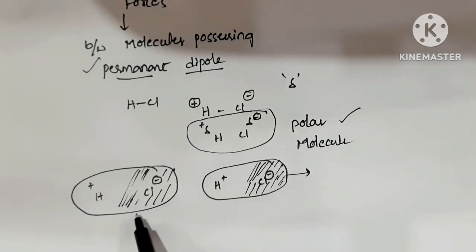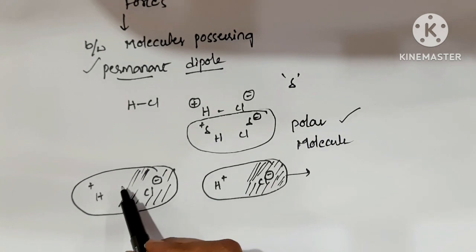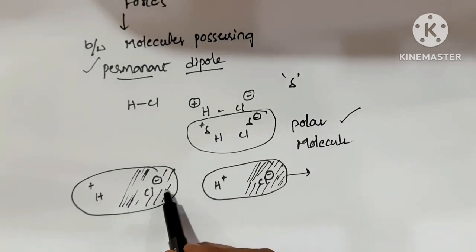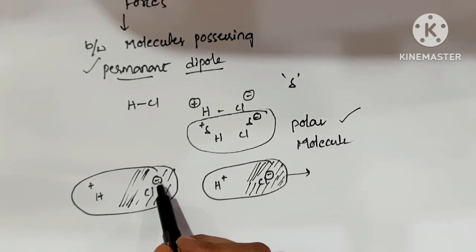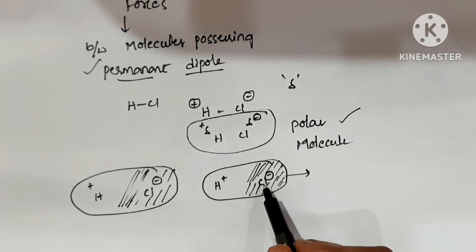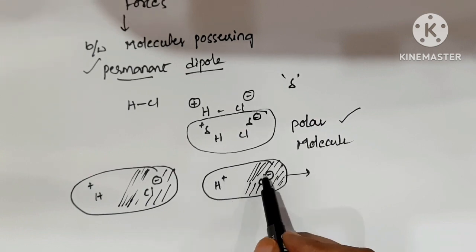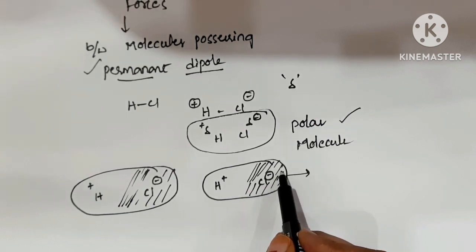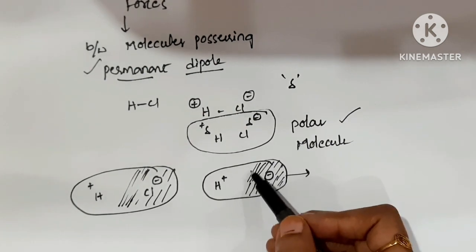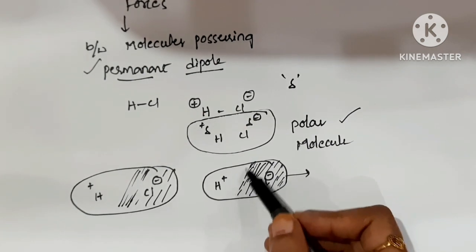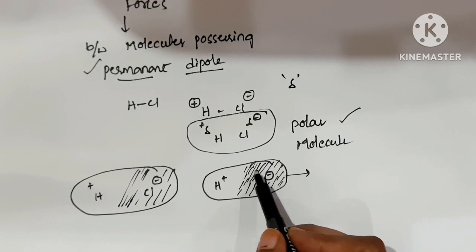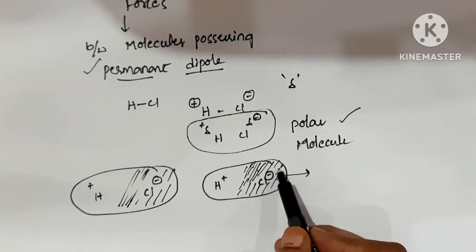That means this is a polar molecule. More electrons are present here, that's why there is negative charge here. In this molecule, fewer electrons are present here and more electrons are present here. So lines mean that in this place the electron cloud is high.